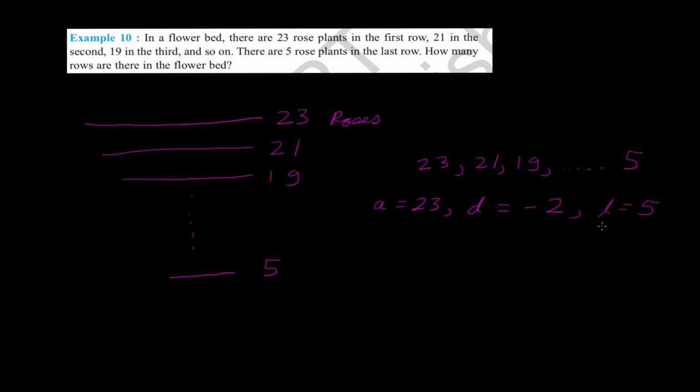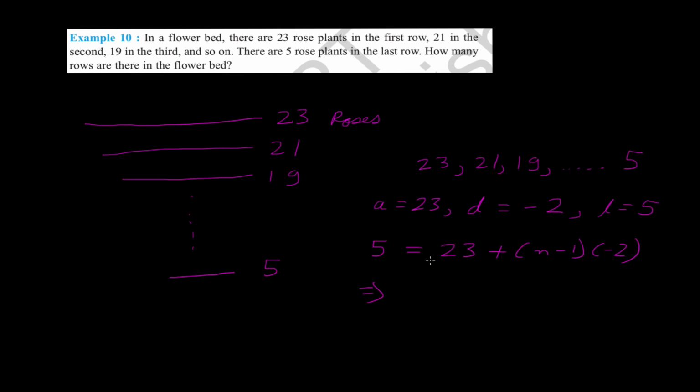Now we just need to find n, the number of terms in this arithmetic progression. So we have the last term 5 equal to a plus, let's say it is the nth term, n minus 1 times minus 2.